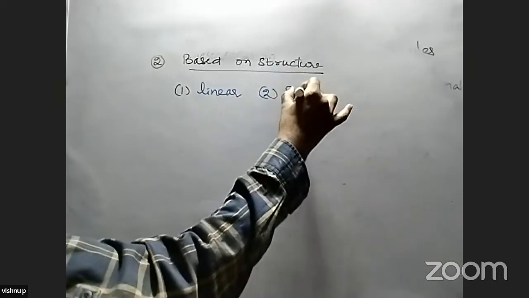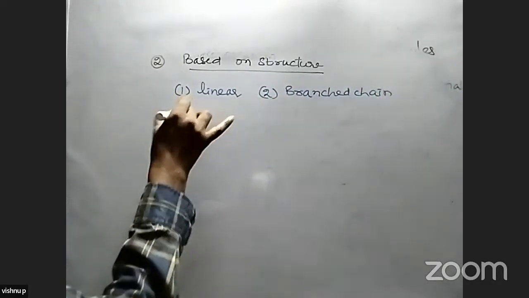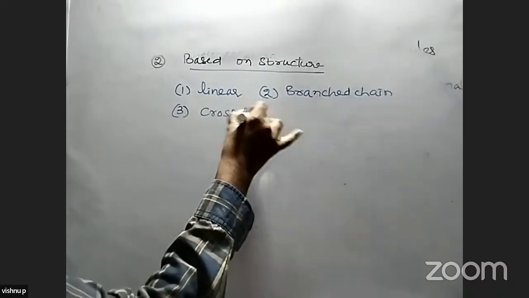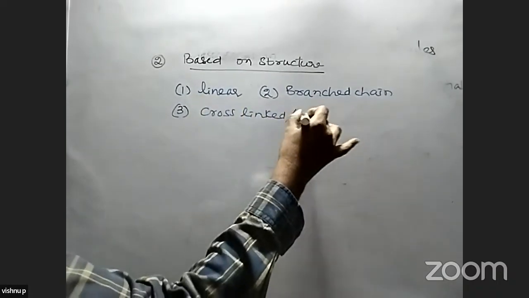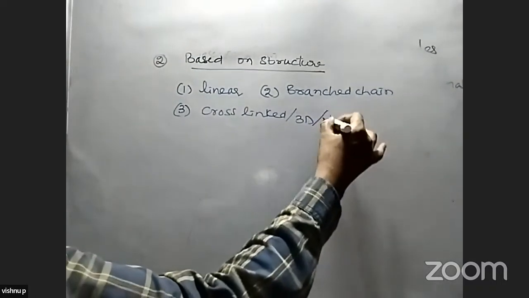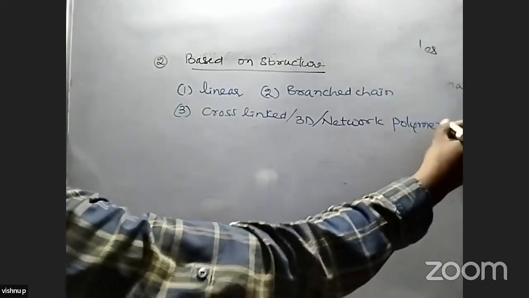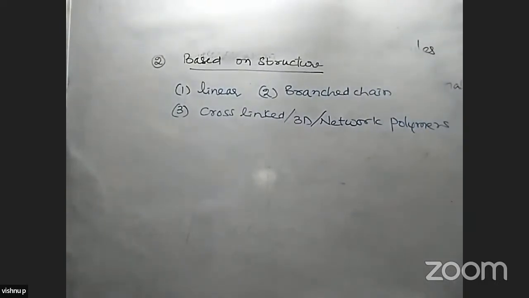Second is branched chain polymers, and third is cross-linked or three-dimensional, which we can also call network polymers.